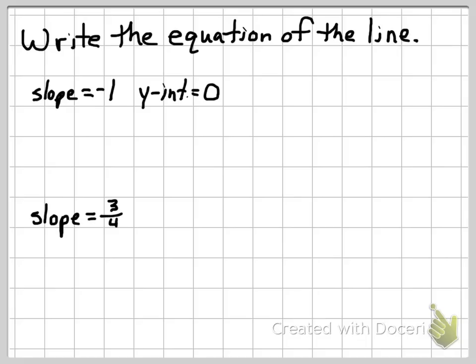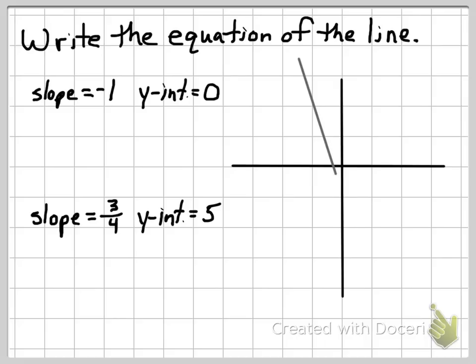The next one, you're given the slope is 3 over 4, and the y-intercept is 5. And on the third one, you're given the graph. You need to write each of these 3 equations.